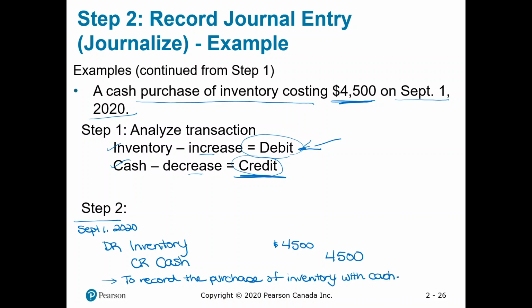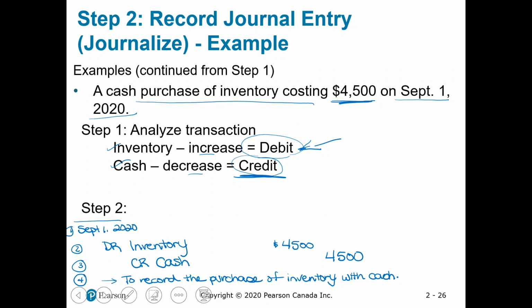It doesn't need to be too complicated or too complex, just stating what happened, a quick explanation. We purchased inventory and we used cash. So that's the first example of a journal entry. There's the first item, our date, our debit information, our credit information, and that explanation.